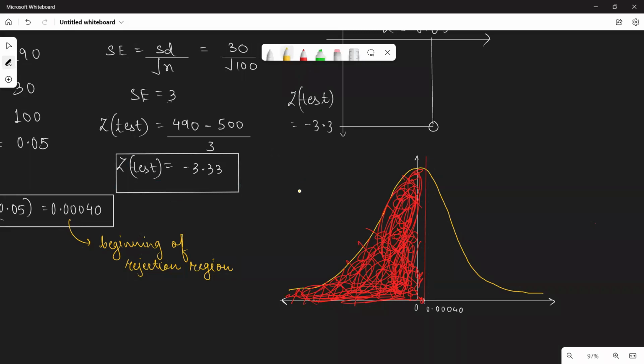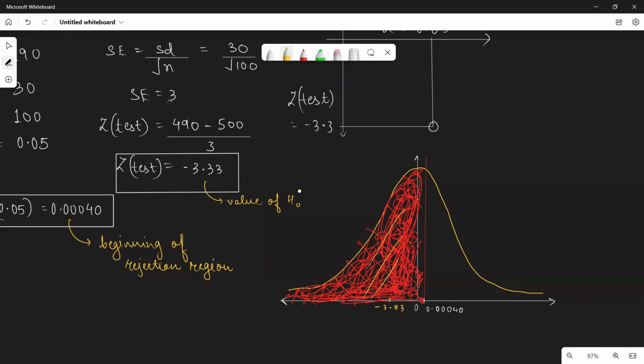When we calculate the Z test and we say the Z test is minus 3.33, this is nothing but the test value. The value is minus 3.33, so somewhere here, minus 3.33. Is it part of your rejection region or not? Definitely it is. It is inside this rejection region.